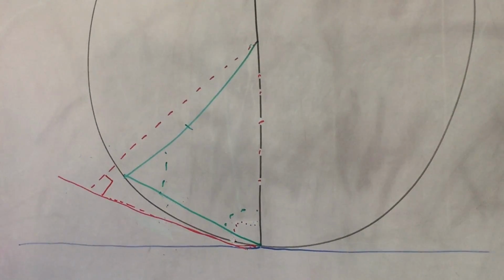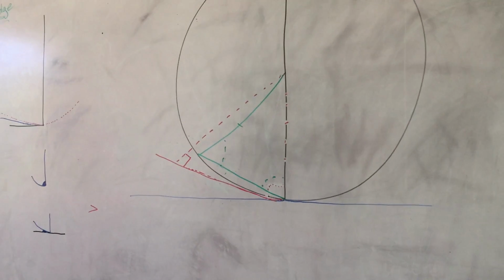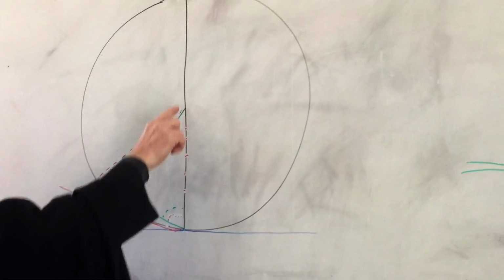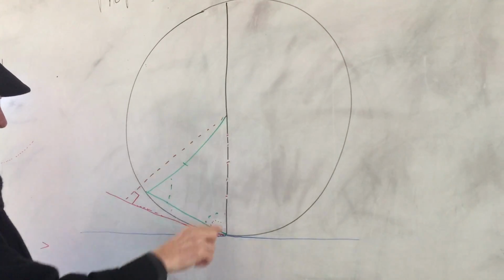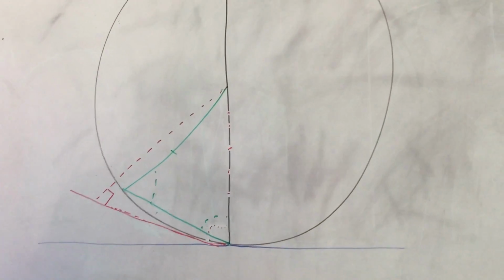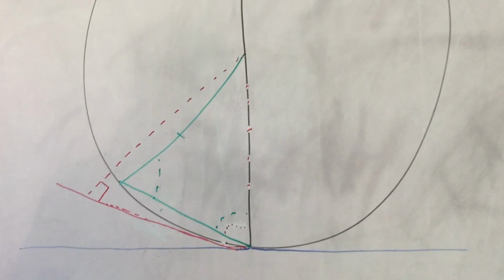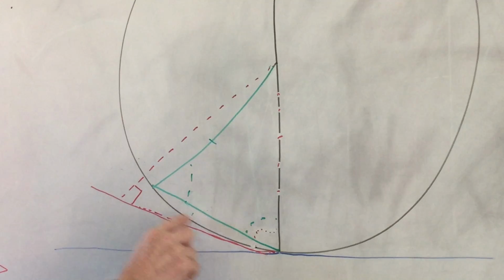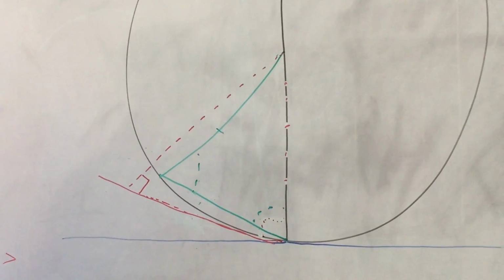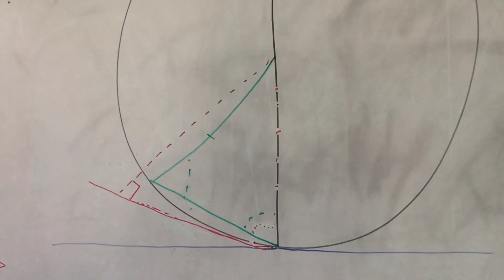Great. Now, what do we want to show here? We want to show that this angle here between the circumference and the diameter is greater than any acute rectilineal angle, and that this angle here is less than any acute rectilineal angle.